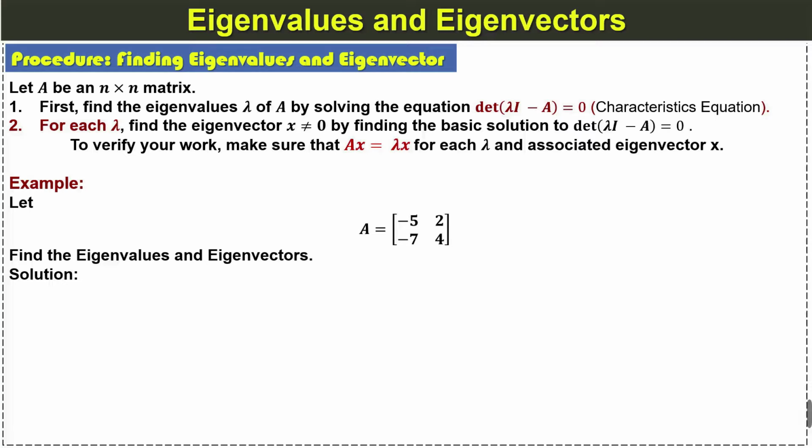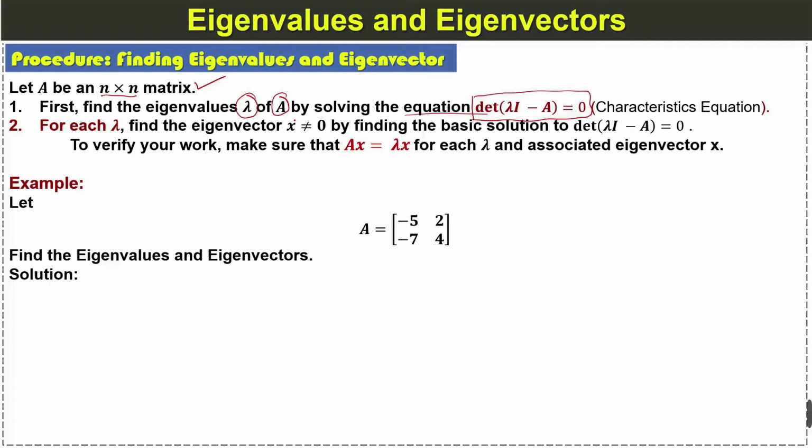Next we compute the eigenvalues and eigenvectors for a given matrix. Let A be an n cross n square matrix. First, we find the eigenvalues lambda of the given matrix A by solving the equation. This is the characteristic equation.